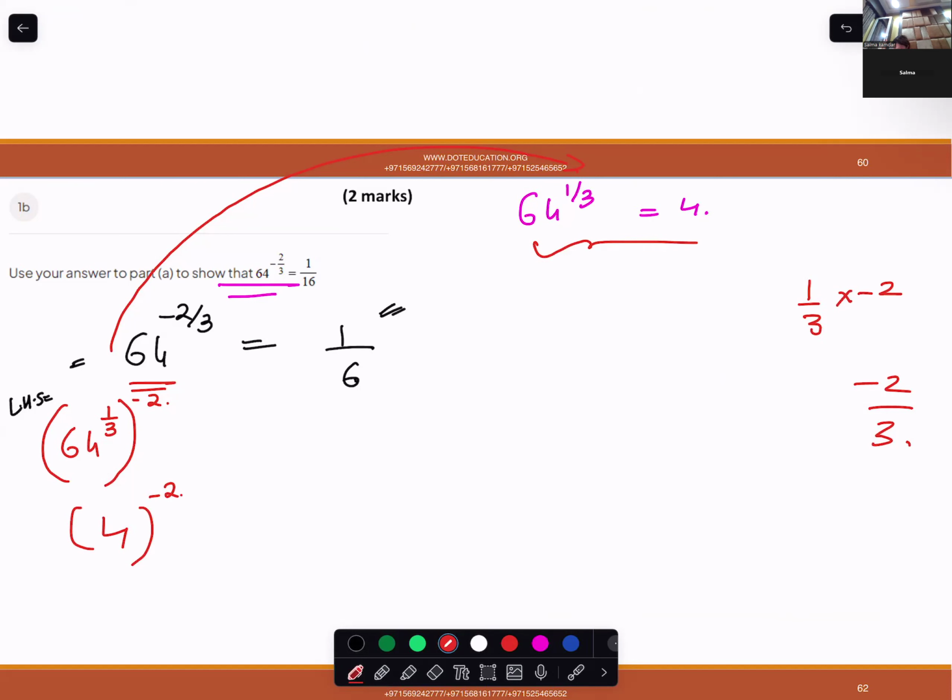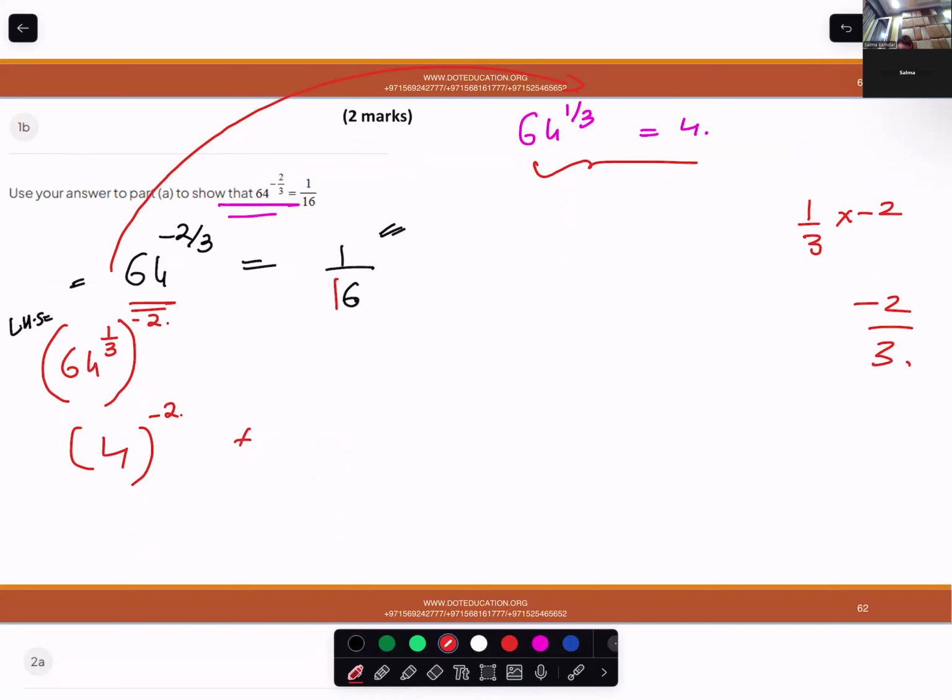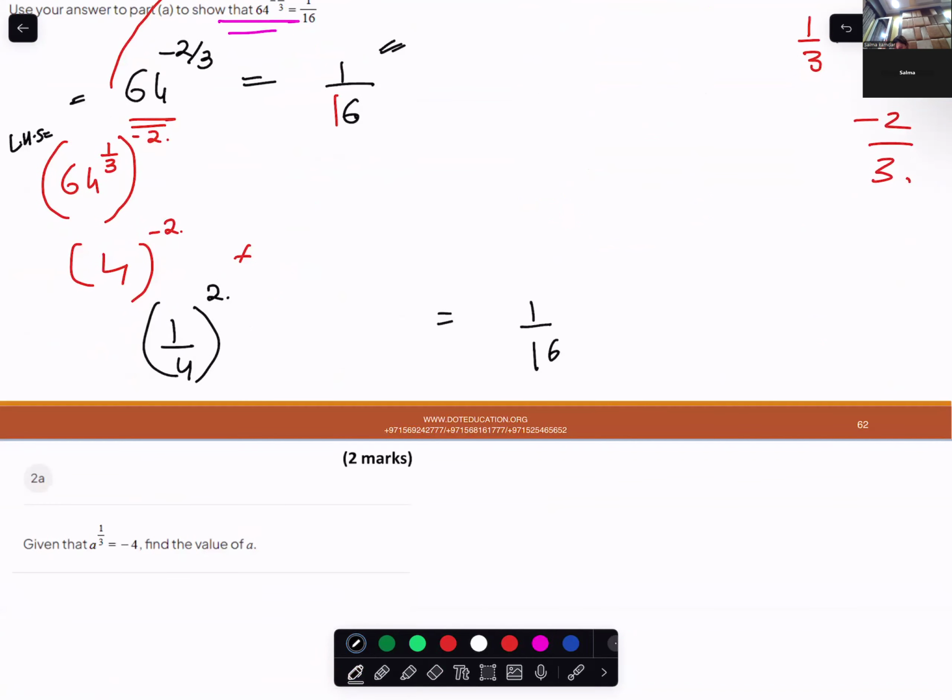If I have negative, negative involves reciprocal. So it becomes 1 by 4 squared. This will become positive, so this will become 1 by 16. So 64 raised to minus 2 by 3 is 1 by 16.